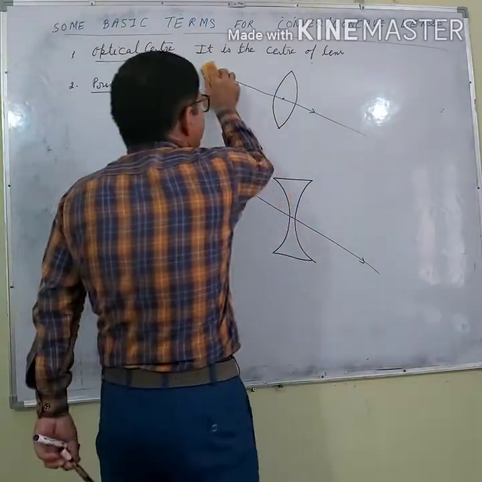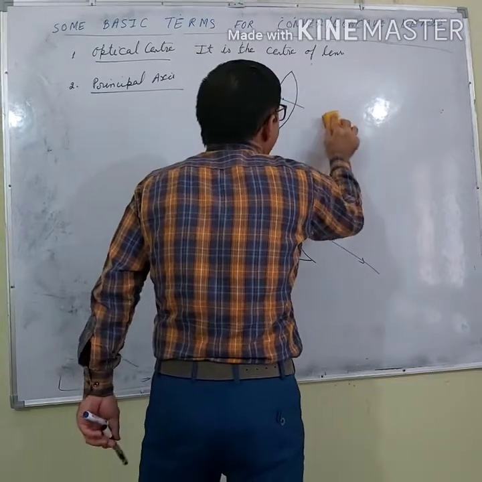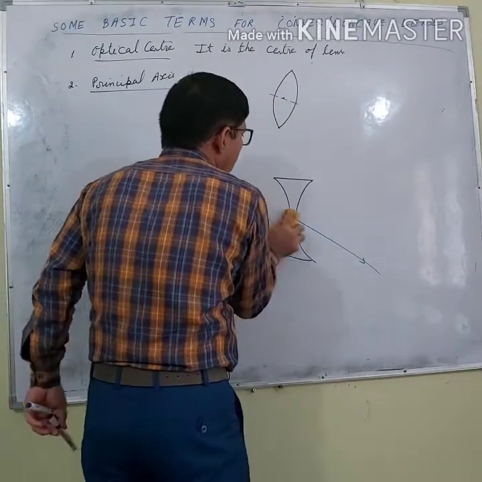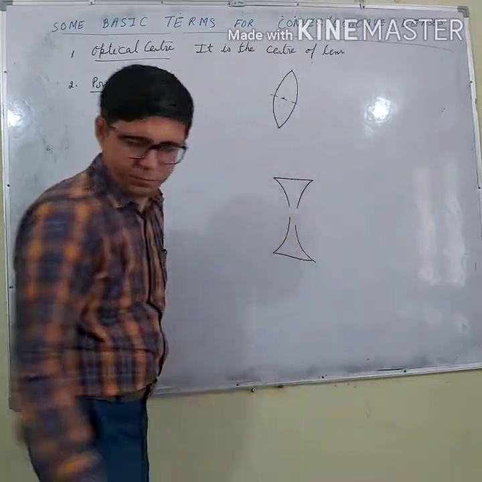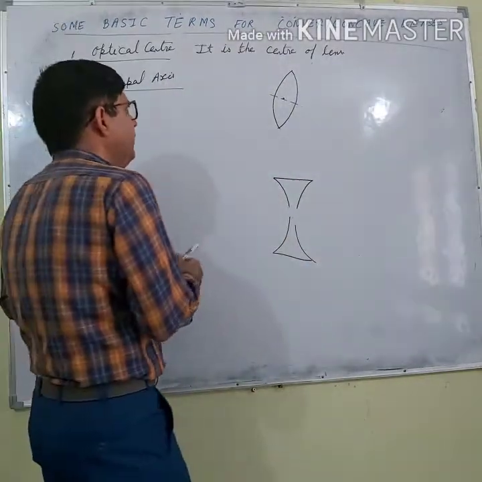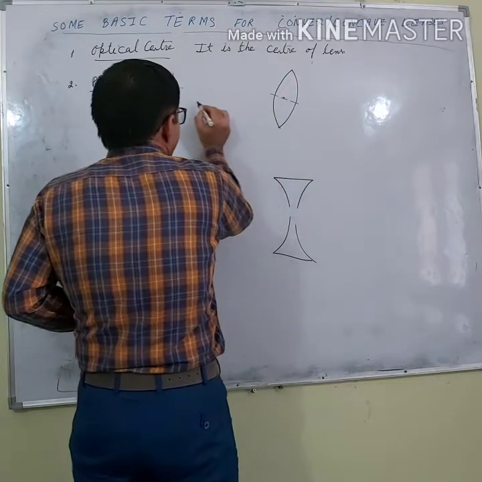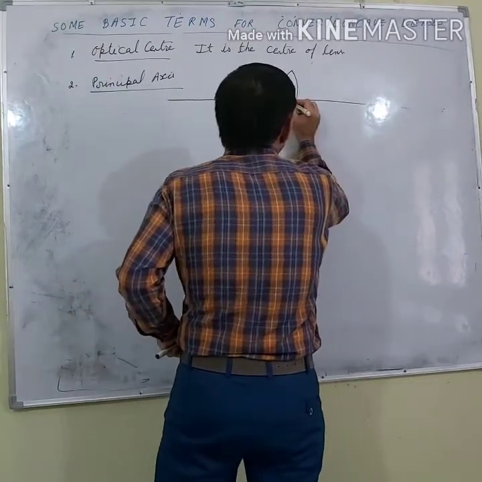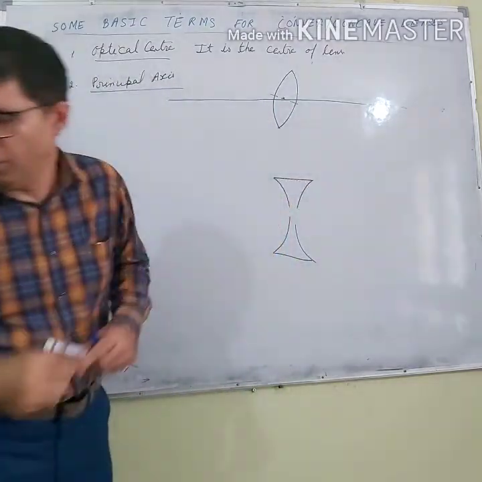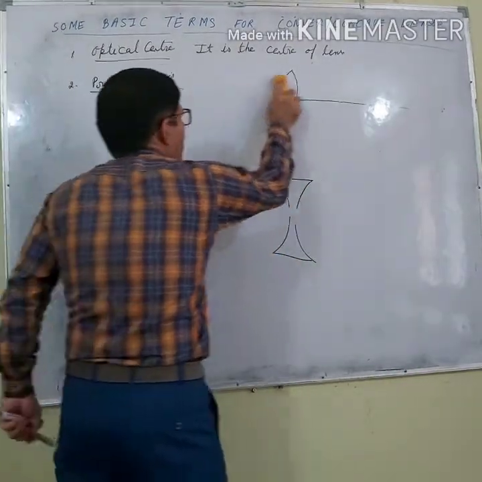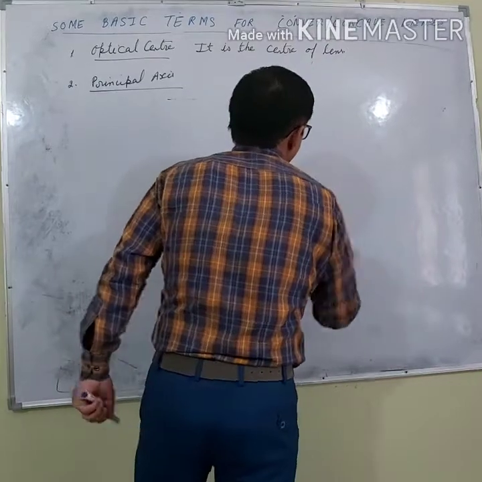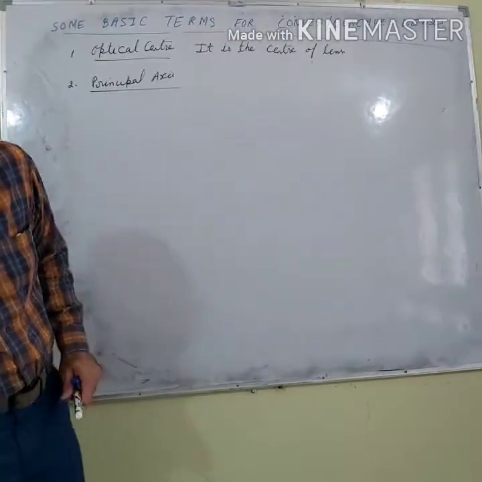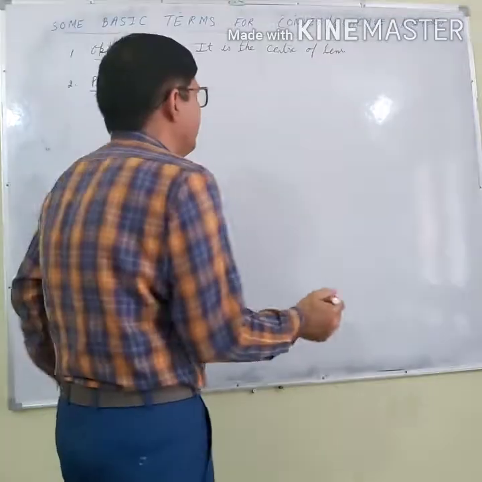The principal axis is an imaginary line which passes through the optical center and is perpendicular to the surface of the lens.